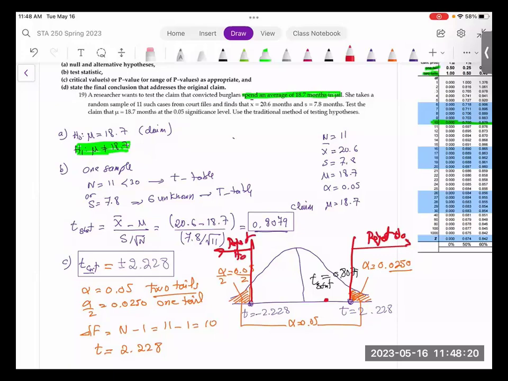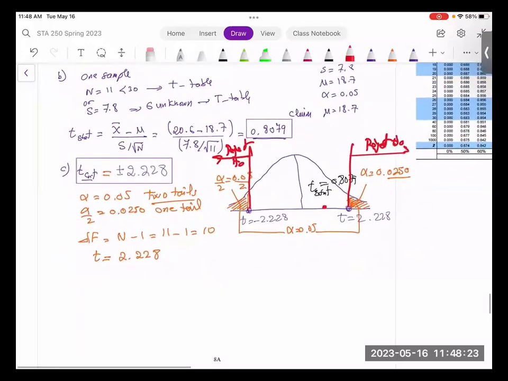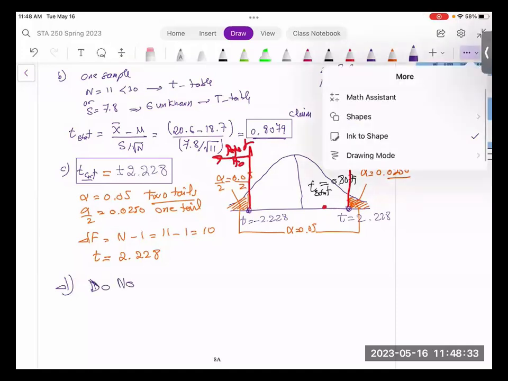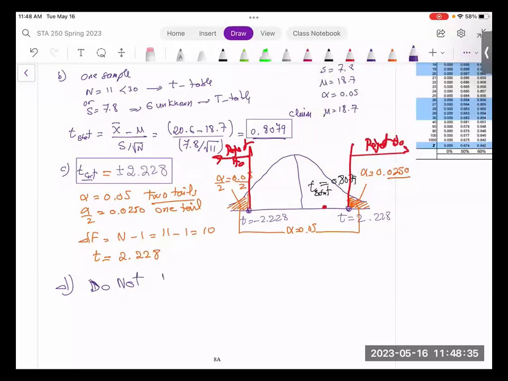So is the t-test within reject or do not reject? Do not reject. So that's going to be your conclusion. So we did not reject.